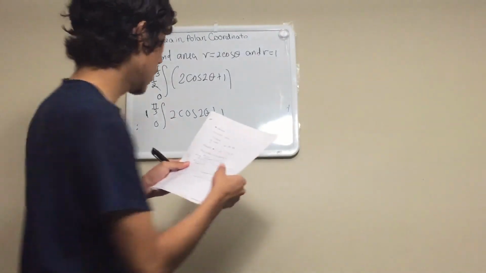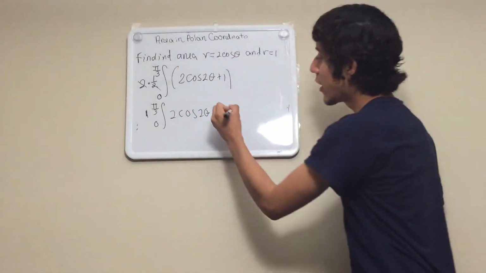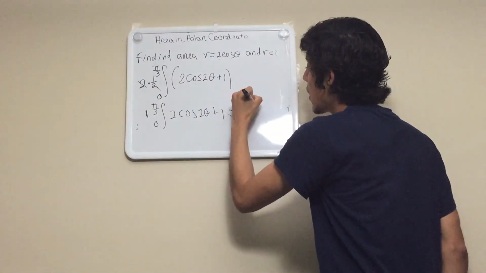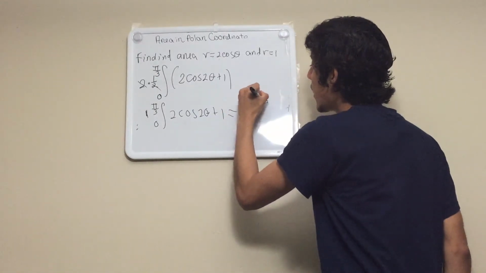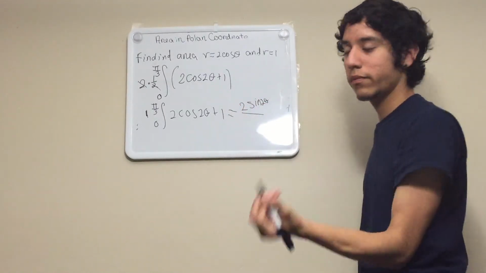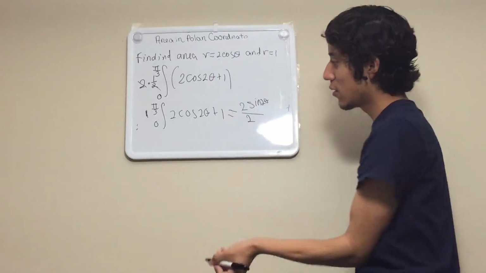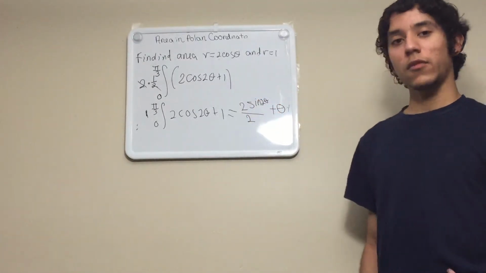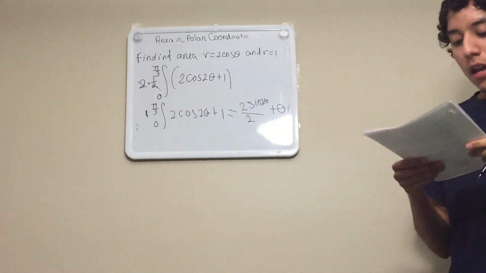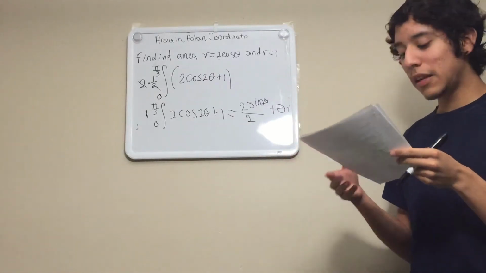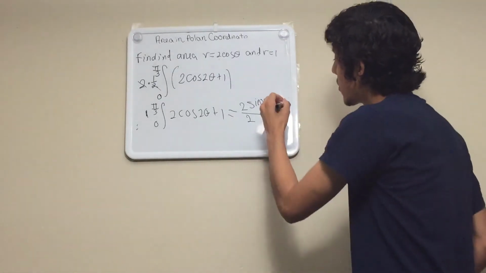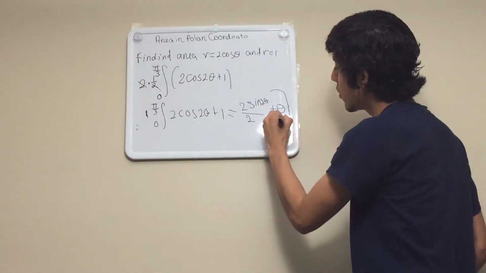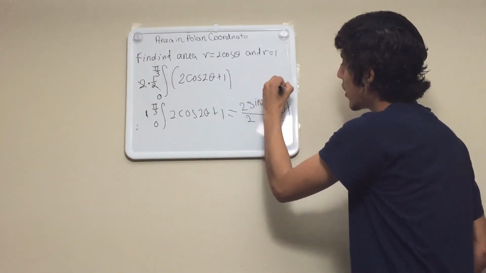That's going to give us 2 sine 2 theta over 2 plus theta, from 0 to pi over 3.